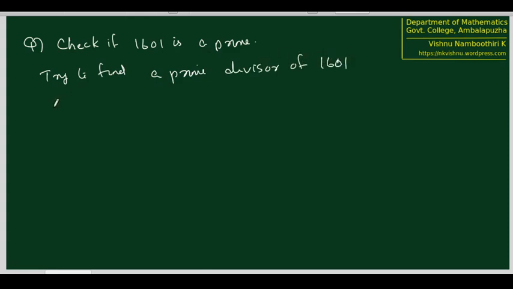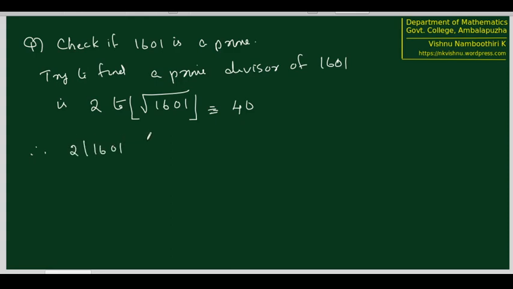In the range 2 to square root of 1601, and if you take the integer part of this, it is going to be equal to 40. So we need to just try to divide the number 1601 with all primes in the range 2 to 40.